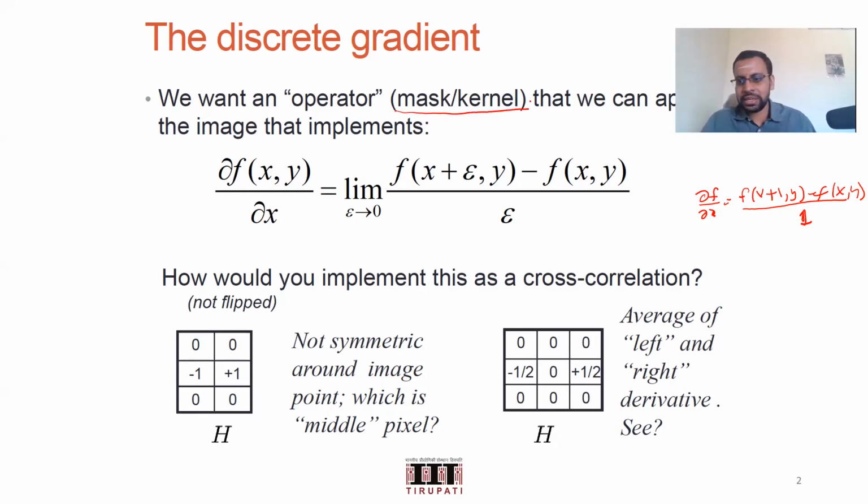You could write it as, for example, take this itself. Then f of x, let's also consider this is your x and this is your y direction. And then your x plus 1 comma y. So consider this is your center here. Then x plus 1 comma y is this.